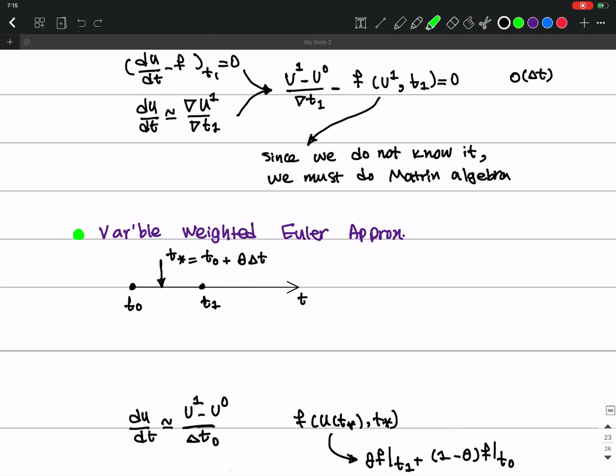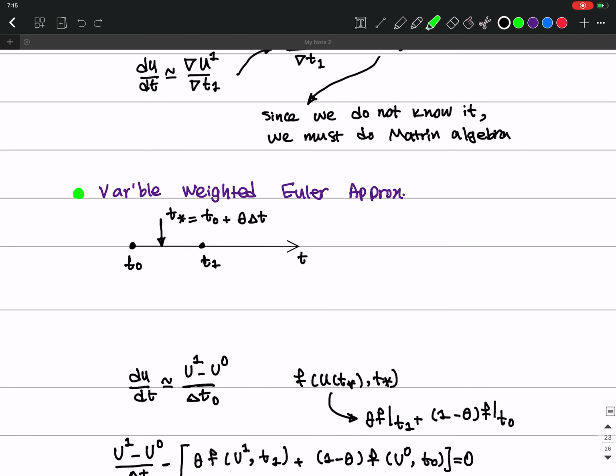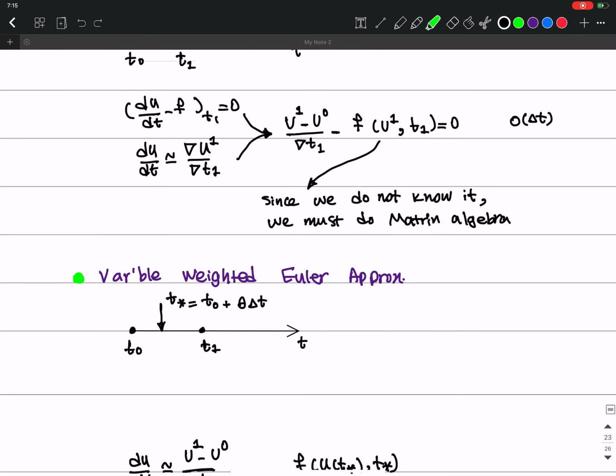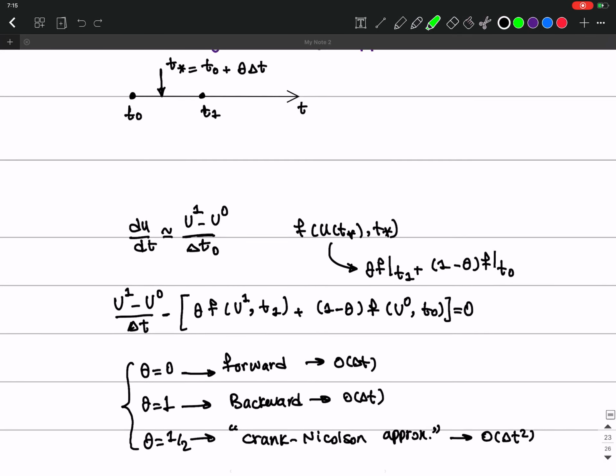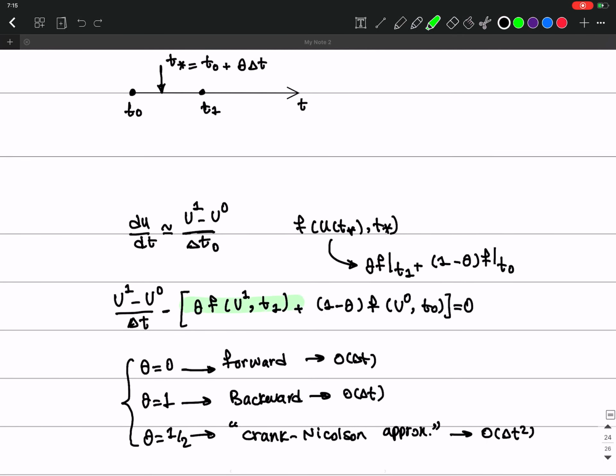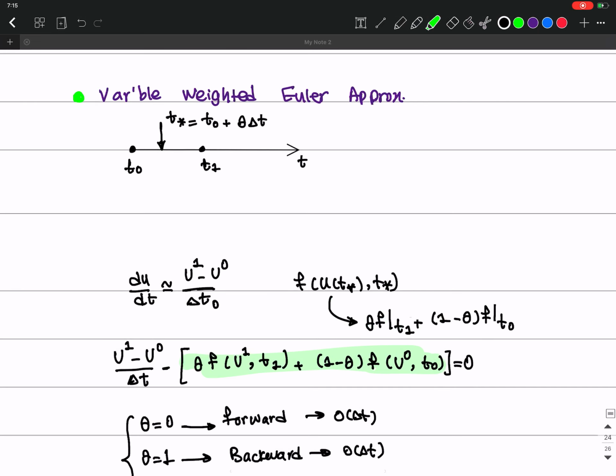The variable weighted Euler approximation is a combination of these two methods, forward and backward Euler. So this is the approximation: theta times u1, which is the future value of the function, and 1 minus theta times the older value of the function.